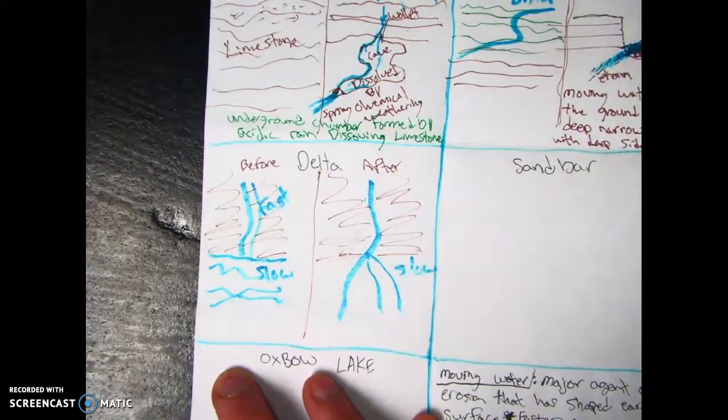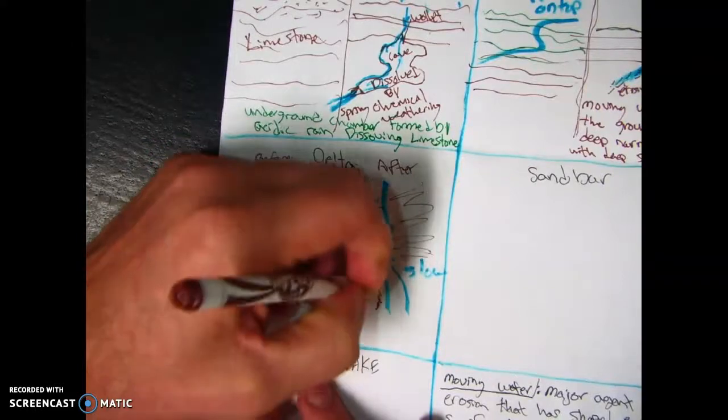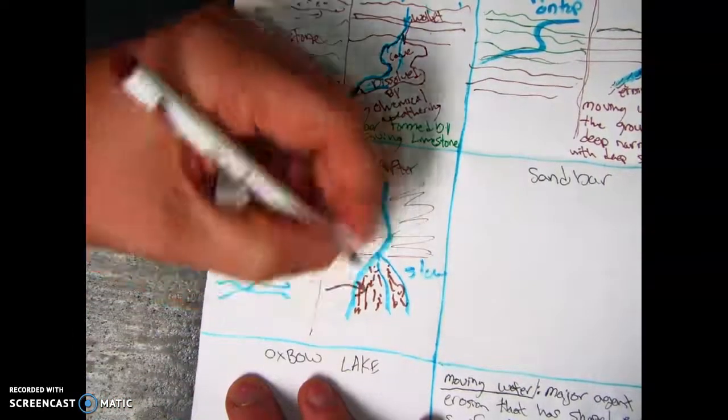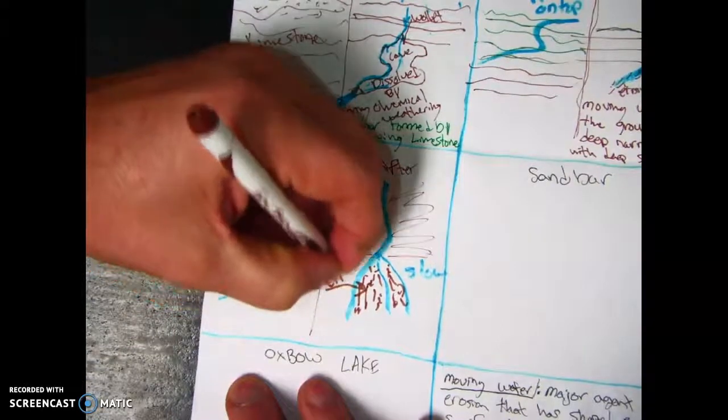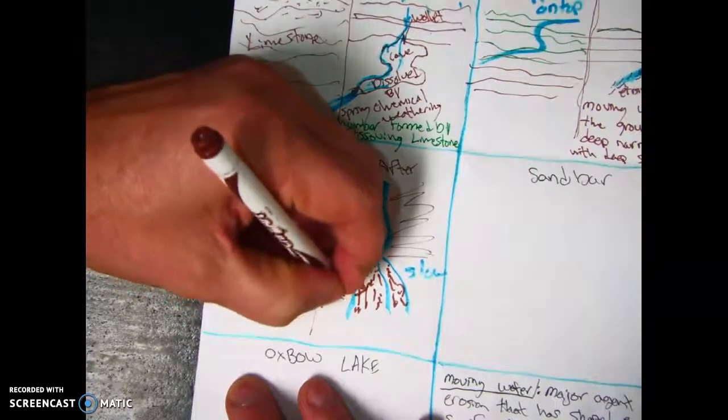So we got our slow water, and all those particles are going to get deposited. And we're going to see the delta, which is formed by deposition.